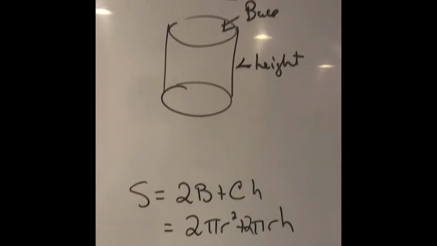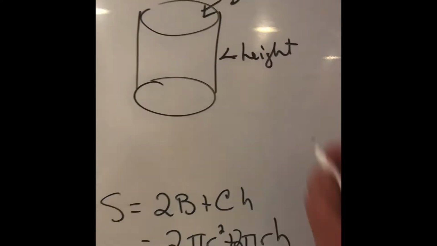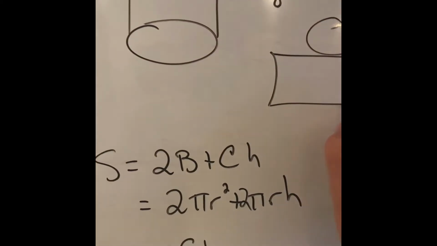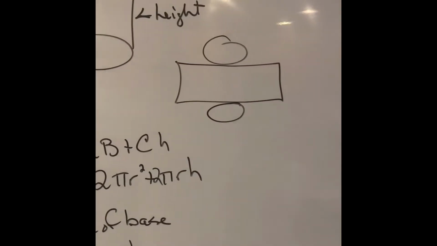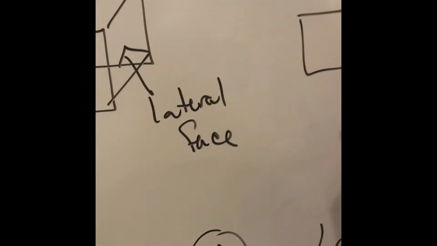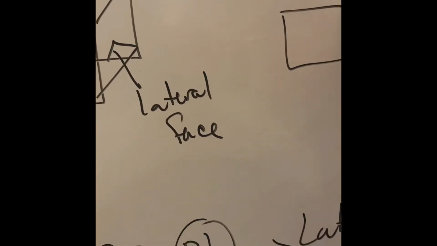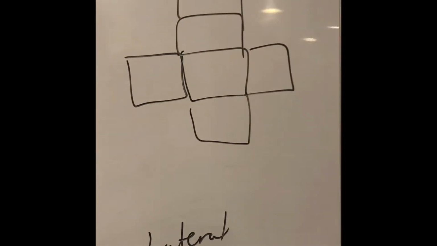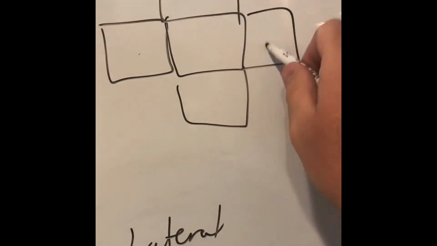Now, just in case you forget how to do these, you could look at this as a rectangle and 2 circles. That's called a net. Same thing over here. You can look at your 2 bases, but then you have, in this case, 4 other rectangles. Here are your lateral faces, here are your 2 bases.